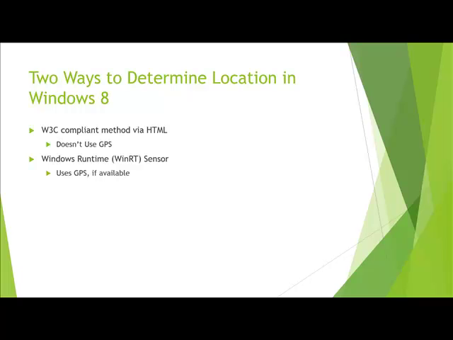Additionally, there's also the Windows Runtime or WinRT Sensor API. Now, the main difference between these two is that the W3C method does not use GPS. The Windows Runtime method will use the GPS if it finds it available. If it does not find a GPS available, it will fall back to using other methods to determine location.